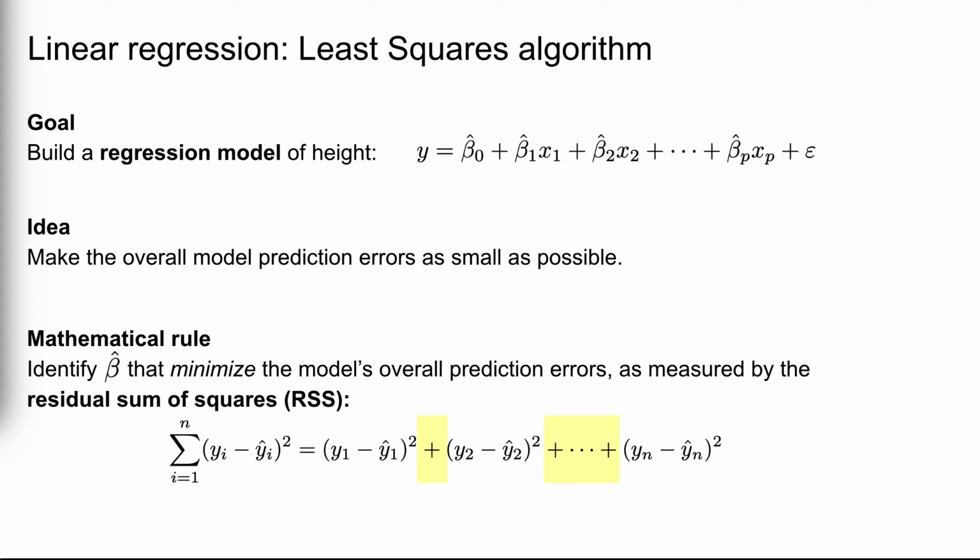Then, to assess the overall prediction error, not just the error for each individual, RSS sums up these squared residuals. Finally, the sum of the squared residuals is written using the summation notation at left. In words, RSS sums the squared residuals for subjects i, where i goes from 1 to n. We'll use this shorthand in the remainder of the video.